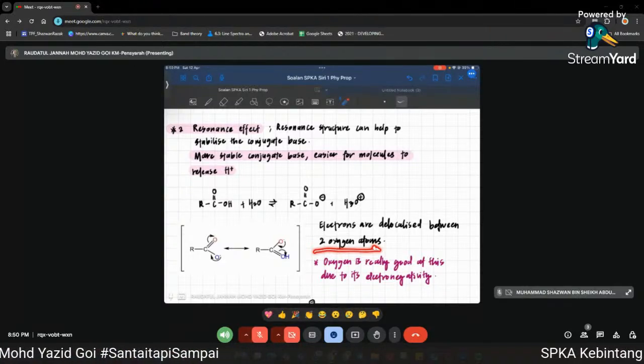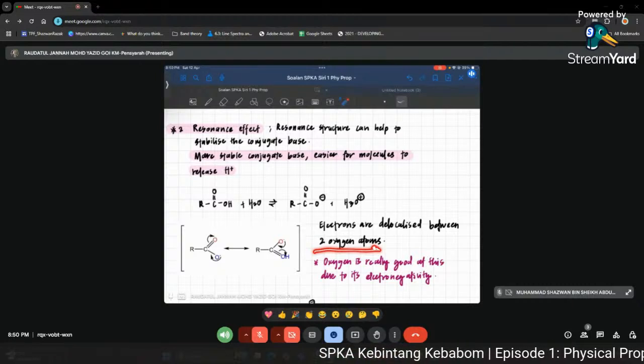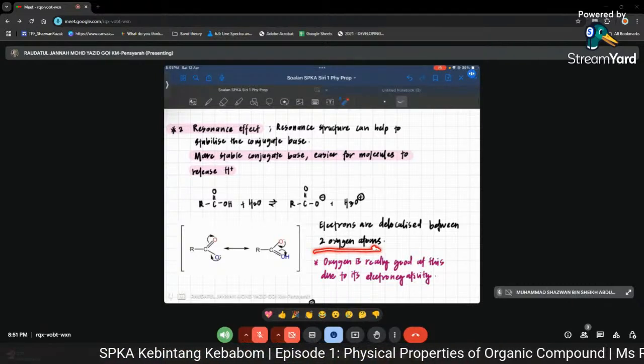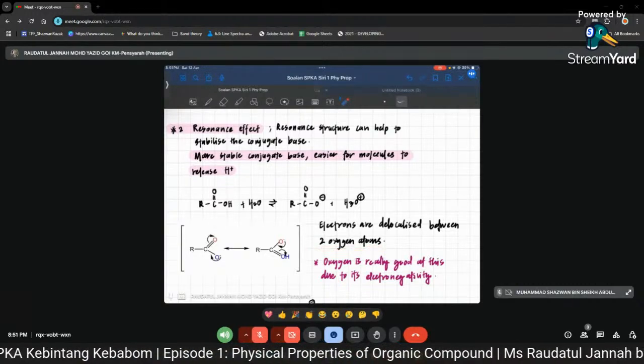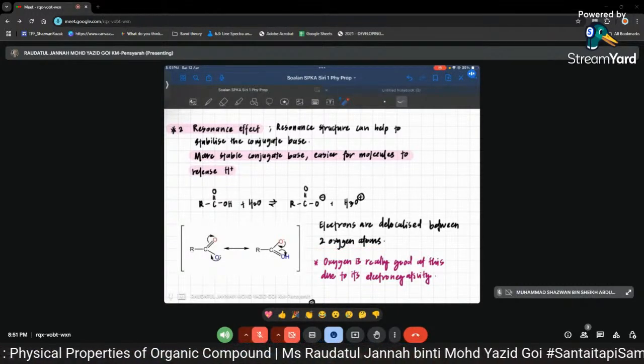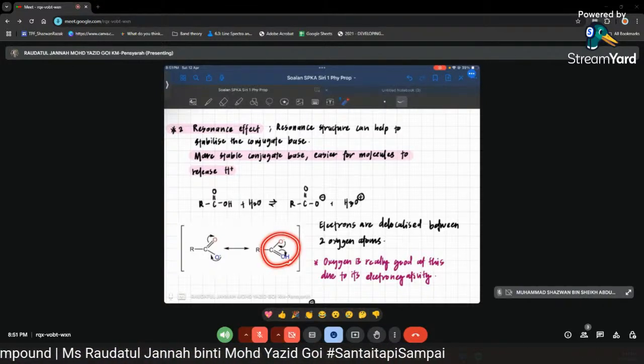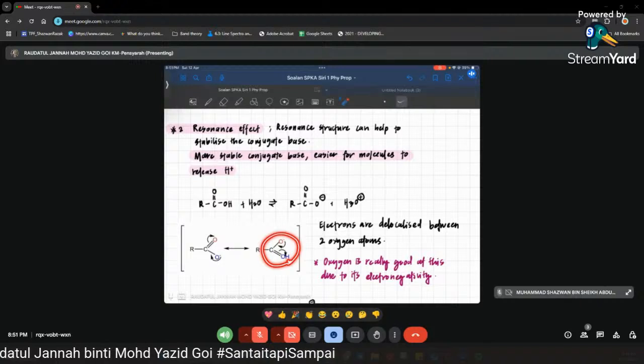Basically, you give the job to the specialist. Okay, you bagi species yang memang boleh handle electrons daripada awal due to its electronegativity. So that's why carboxylic acid is quite acidic. Okay, sebab kita ada carboxylate ion yang boleh delocalize electron between two oxygen atom, which is a very electronegative atom.